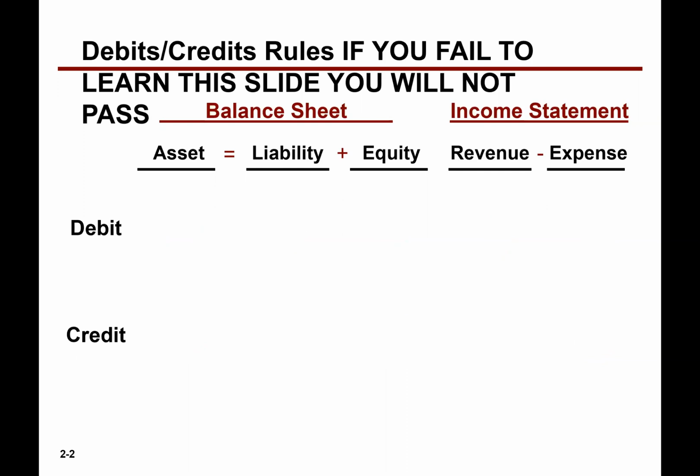So to increase an asset, we debit or credit? Debit. Debit, good. To decrease the asset, you credit it, right? To increase a liability, you credit, good. To decrease it, you debit it. To increase our equity, right now it's common stock and retained earnings, right?